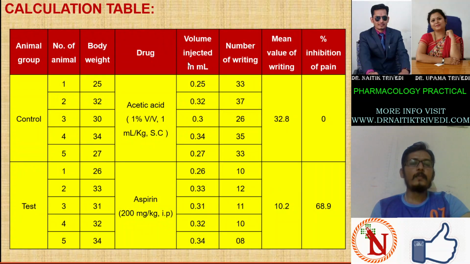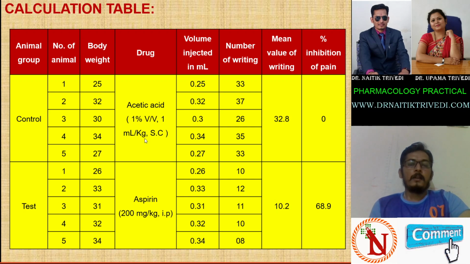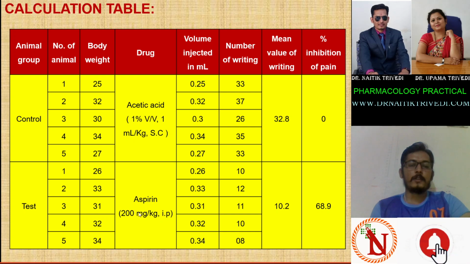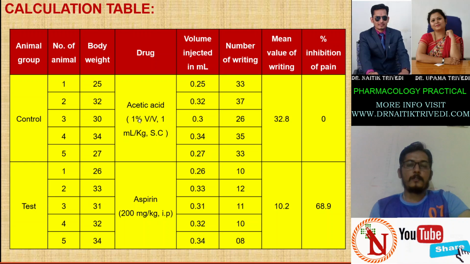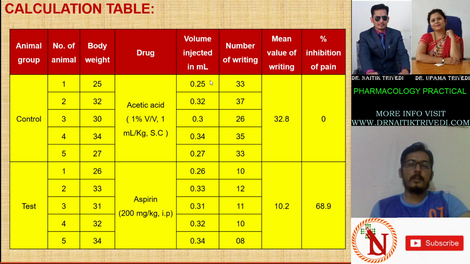So here is the calculation table. We have taken 5 animals for the control group and 5 for the test group. Here the body weight, and the drug is acetic acid for the control group. For the test group, first we gave the aspirin, then gave the acetic acid and took the response for 10 minutes. For volume of injection, I have shown you the calculation of how to calculate the drug in ml.